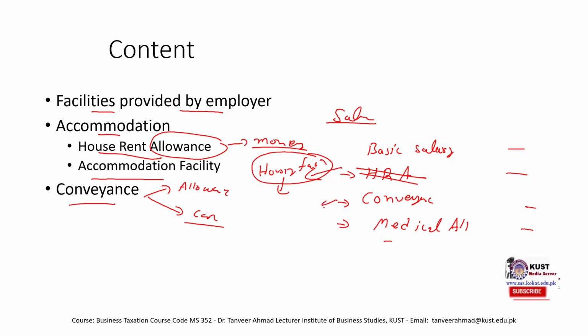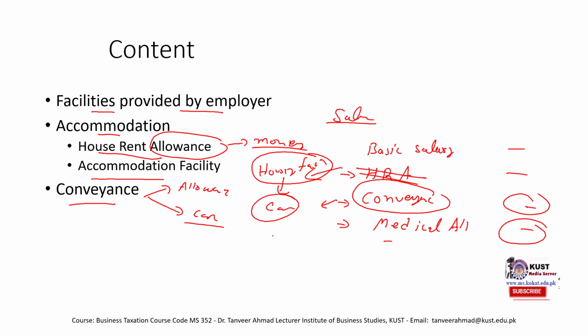Same is the case with conveyance. Either they can give you conveyance allowance, which would be a monetary benefit that you would receive in your salary, or they can provide you car facility. Similar is the case with medical facility. They can either provide you medical allowance, and you can accommodate your medical expenses in this allowance.